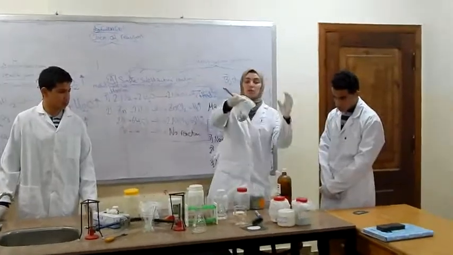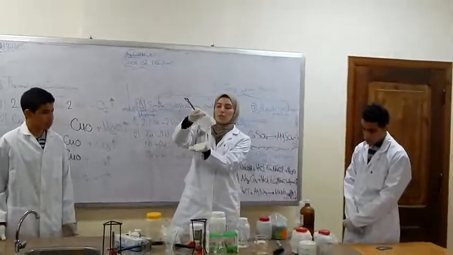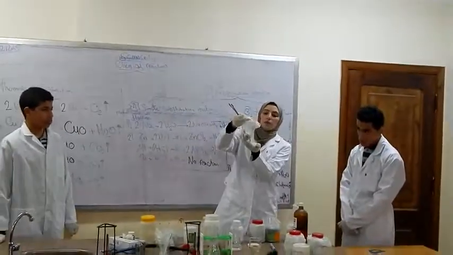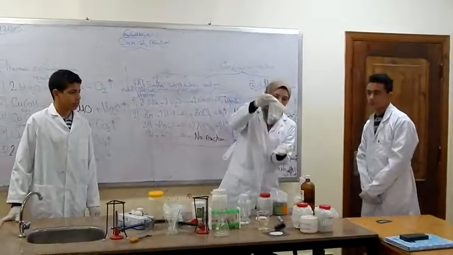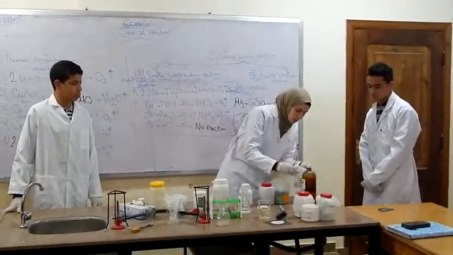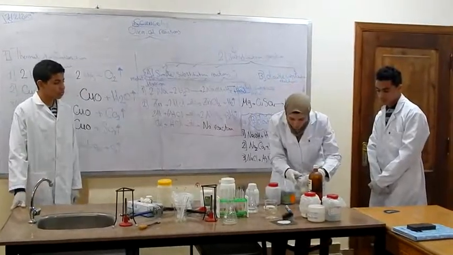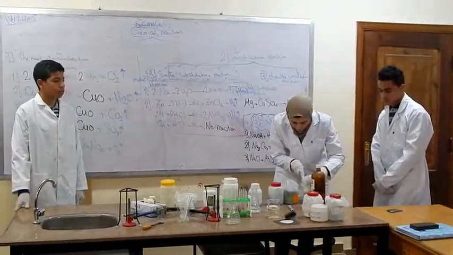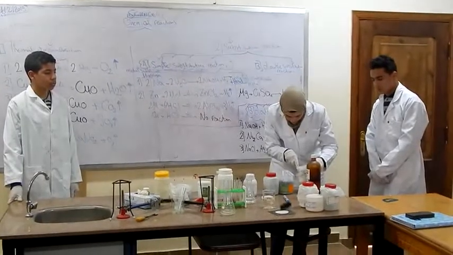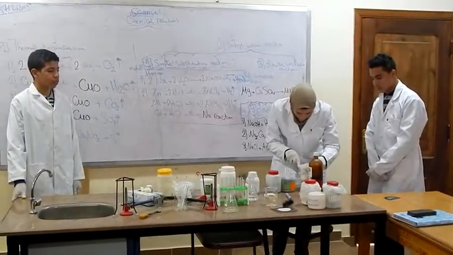Sodium metal is a very active metal, so we preserve it under kerosene, on the surface of kerosene. This oil is kerosene, because sodium is very active and can react with air. So we preserve sodium in kerosene. We take a very small piece of sodium.